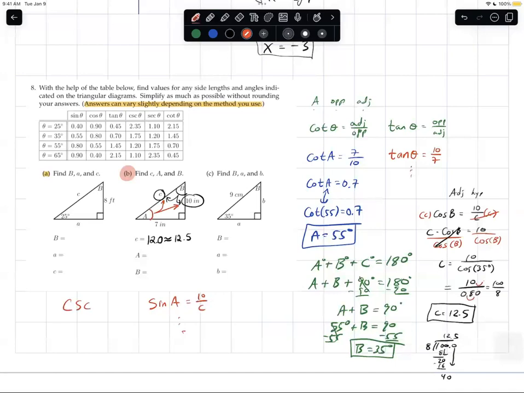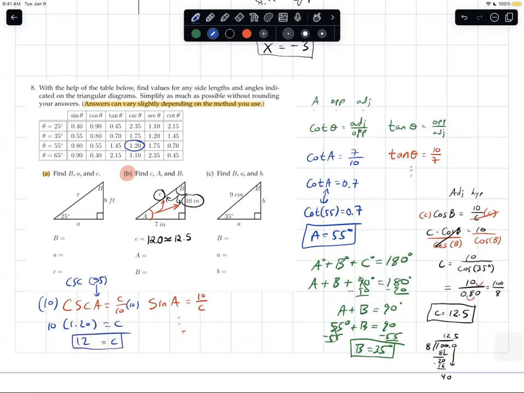Cosecant would actually be better than sine, and I can show you, might as well just do it real quick because it really just takes one step. We'd multiply by 10. And what is A again? A was 55 degrees. So what's the cosecant of 55 degrees according to this chart? 1.2. And so that's 10 times 1.20, and C is equal to 12.